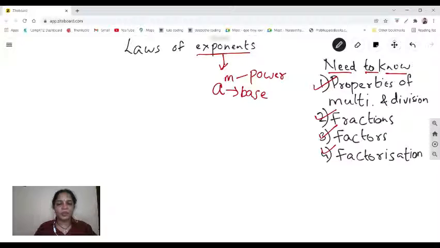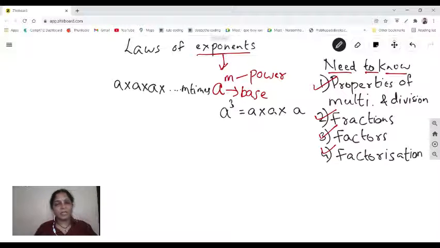The meaning of this is a is multiplied several times. How many times is it multiplied? It is multiplied m times. Like if I say a to the power of 3, that means a is multiplied 3 times.